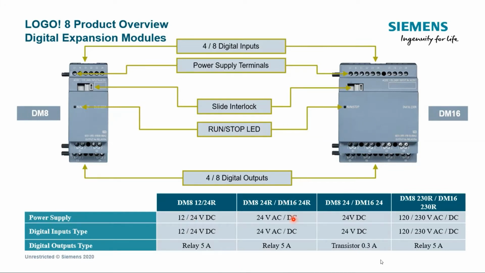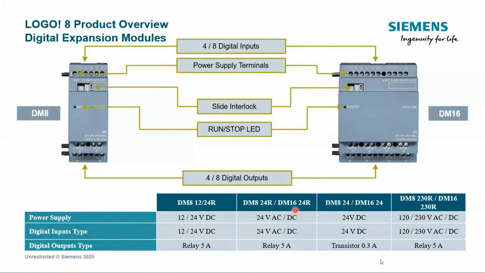So you can see here that this is identical actually to the rating and type of the logic module, which means that you need, of course, to decide which rating you are going to use, which type of power supply, inputs and outputs, according to the logic module that you will choose, when you expand with the appropriate one.